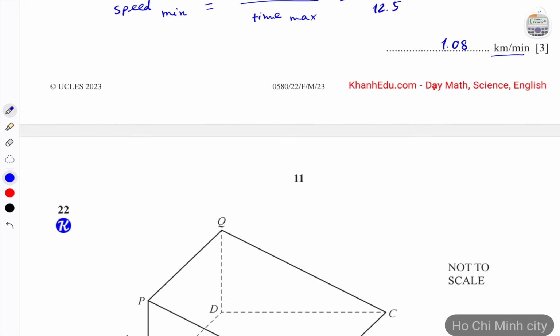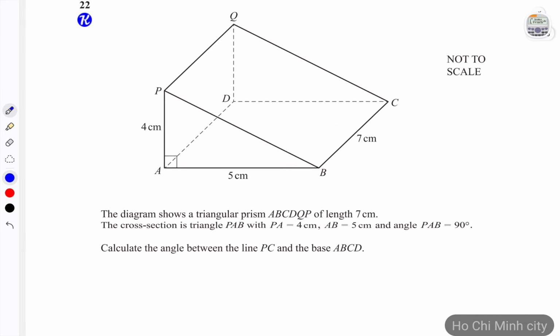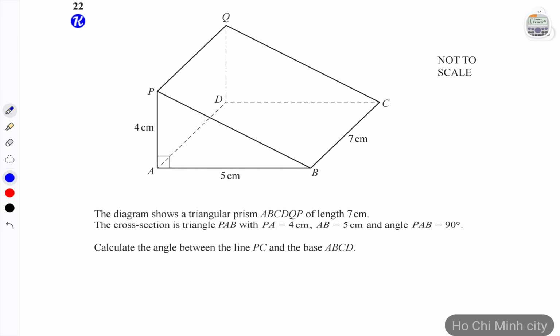All right, question 22. The diagram shows a triangular prism ABCDQP of length 7 centimeters. The cross section is a triangle PAB. So this one is a triangle with PA is 4 and AB is 5, and angle PAB is 90 degrees.